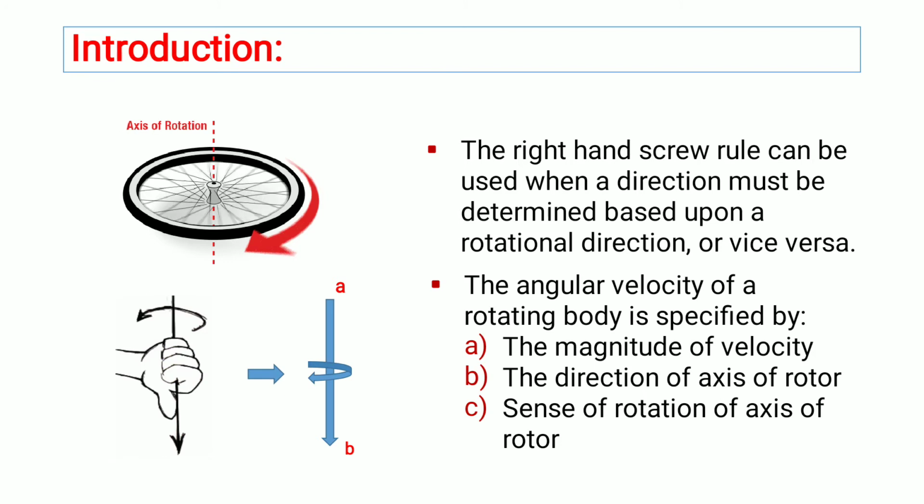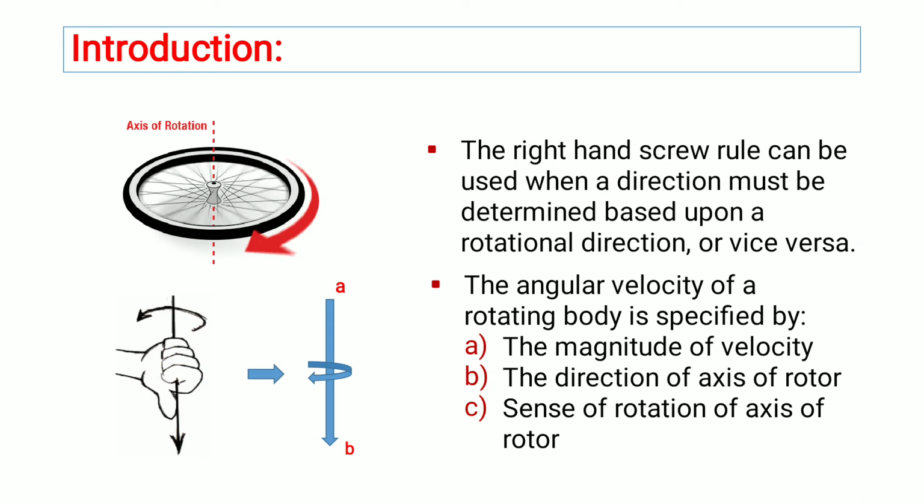So curl the fingers of your right hand in the direction of rotation of the wheel, then the direction of the thumb is the direction of the vector.